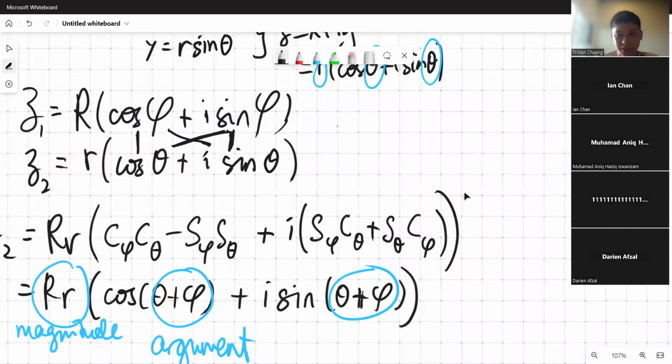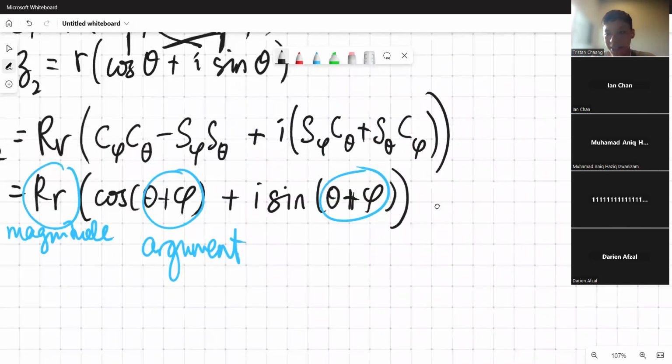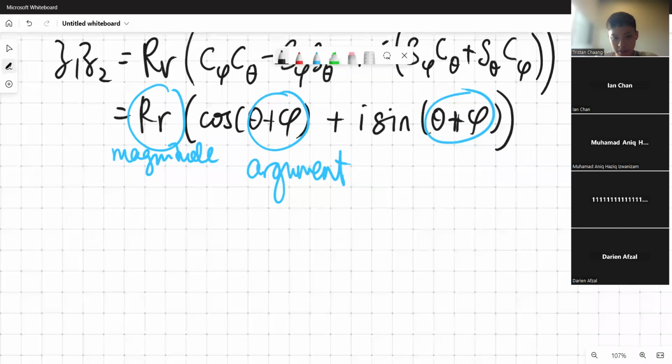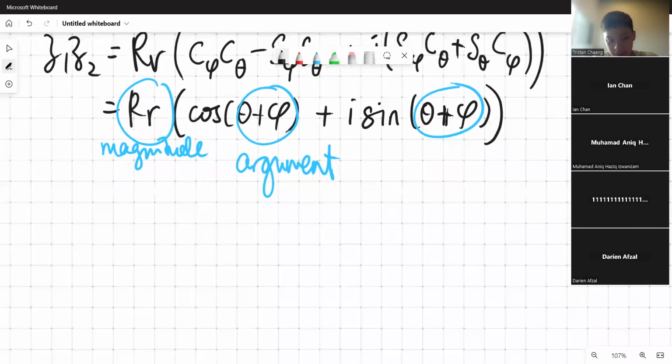Okay. So far so good. Anyone has any questions before we move on? If not, I'm not going to discuss the geometry part of the handout.